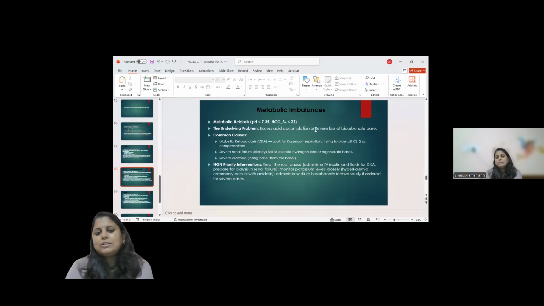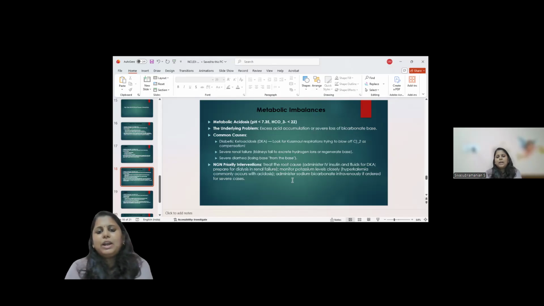Look for Kussmaul respirations, where the patient tries to blow off more carbon dioxide for compensation, as well as severe renal failure, where the kidneys fail to excrete hydrogen ions or regenerate bicarbonate. It will lead to metabolic acidosis. Sometimes you can see metabolic acidosis from severe diarrhea, losing base, because metabolic means base.